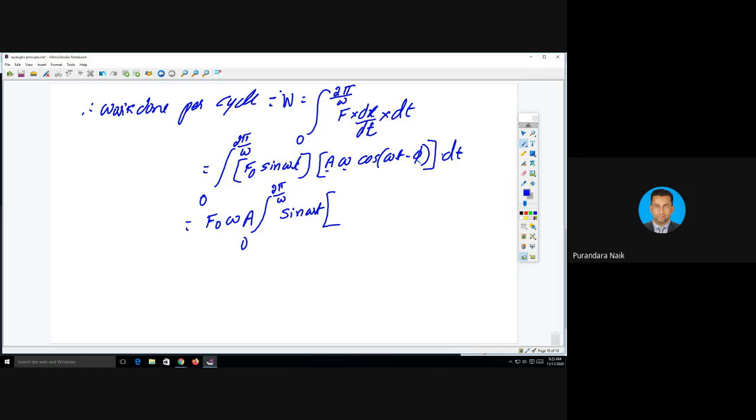Cos a minus b gives cos a cos b, and cos b is cos phi, plus sine a sine b.